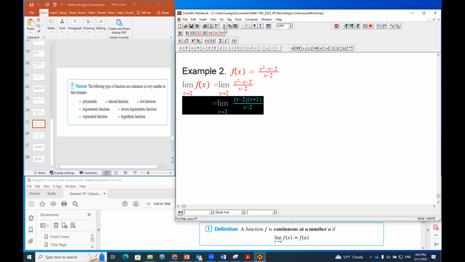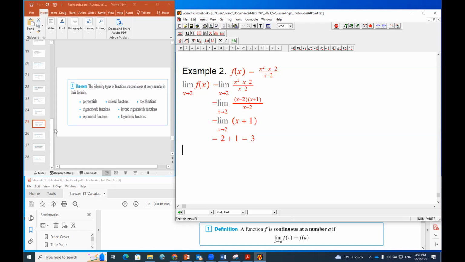And x minus 2 will reduce with the x minus 2 on the bottom, because when x is approaching 2, x is not 2. So we're left with x plus 1, which is a polynomial, so the limit can be found by direct substitution. That's 2 plus 1 equals 3.